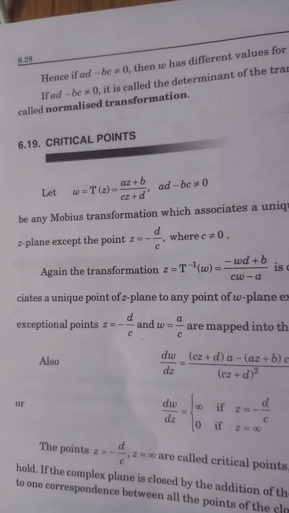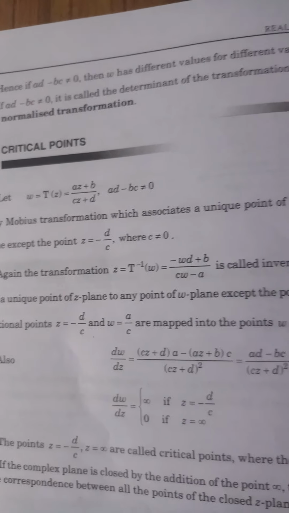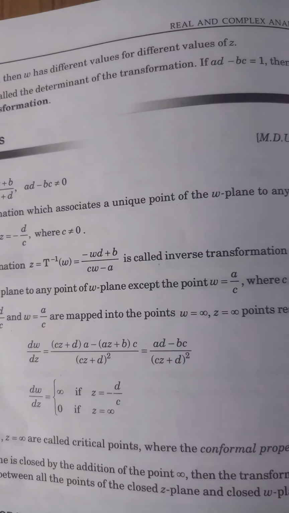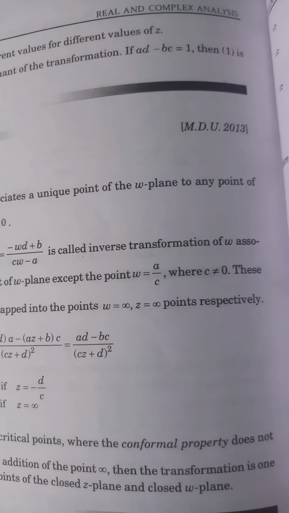These exceptional points Z equal to minus D by C and W equal to A by C are mapped into the points W equal to infinity and Z equal to infinity respectively.